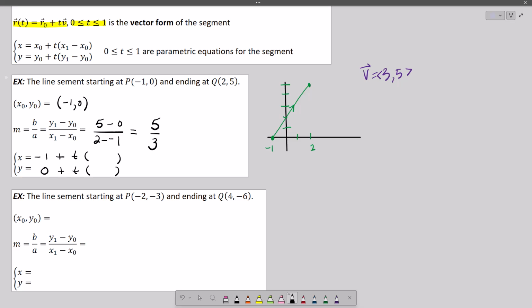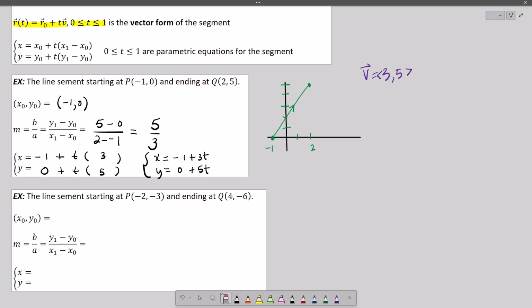The change in x is 3, x1 minus x0, and the change in y is 5. So our parametric equations will be x equals -1 plus 3t, and y will be 0 plus 5t. And the t will go 0 to 1.